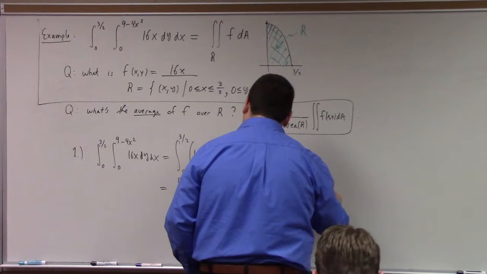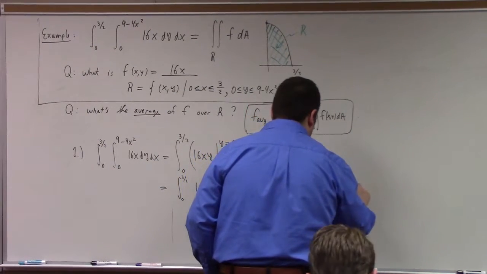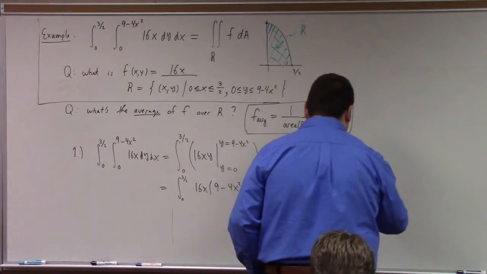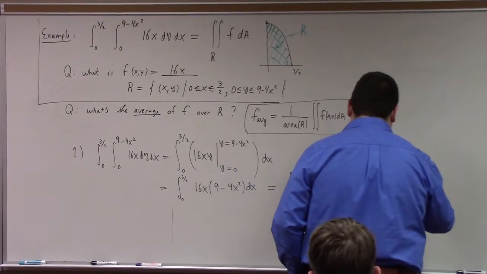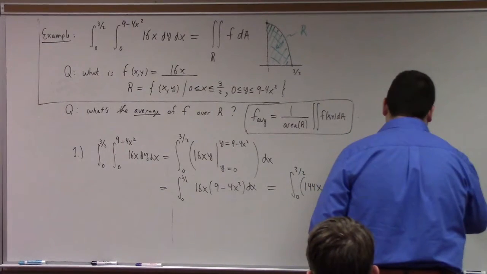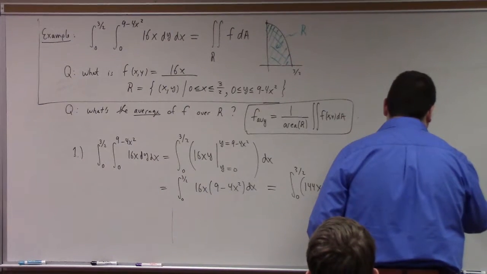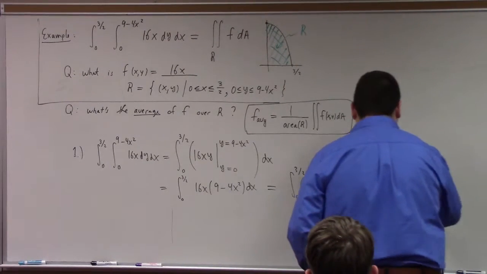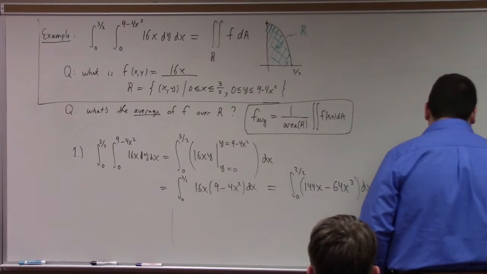So 144x minus 64x cubed dx. That gives us 144x squared over 2 minus 64x to the 4th over 4. Of course, we could simplify those, evaluated from 0 to 3/2.